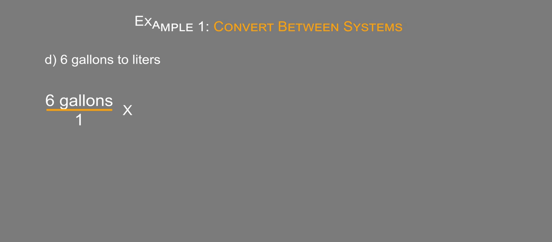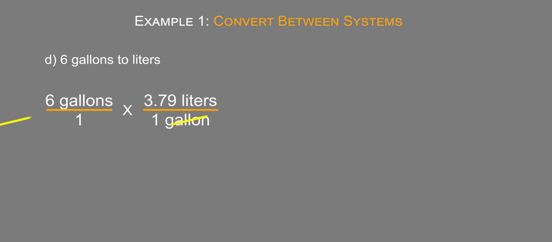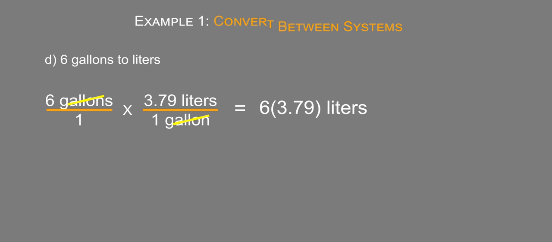We put 1 gallon in the denominator, and we want liters, so 3.79 liters in the numerator. The gallons cancel, and then we have 6 times 3.79 liters, which is 22.74 liters.